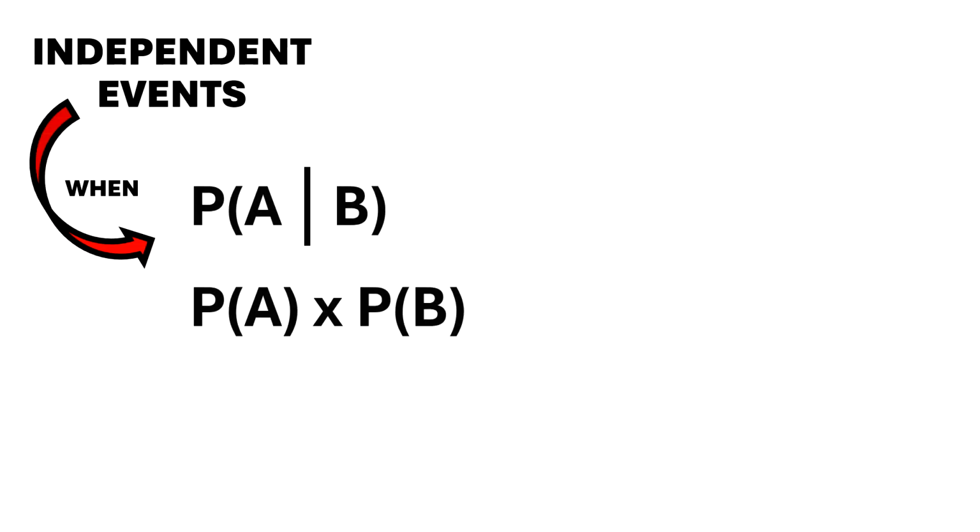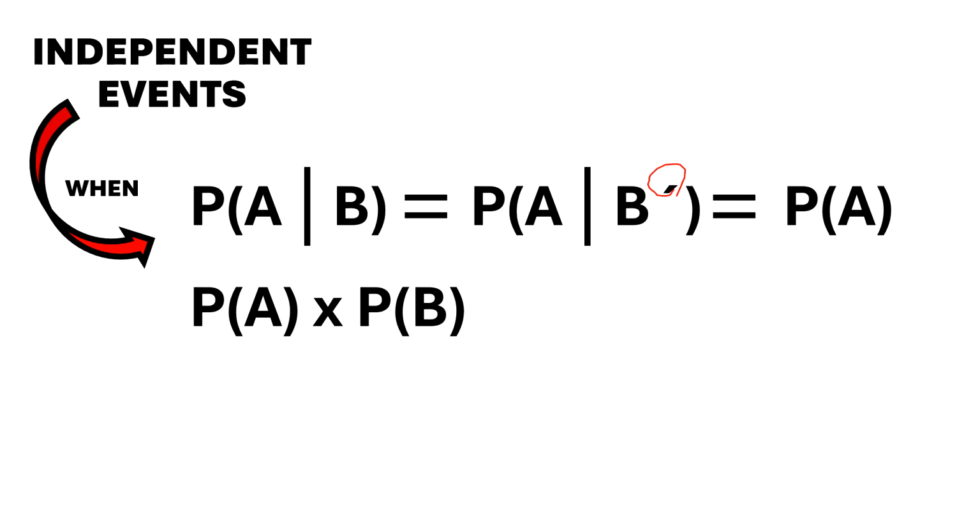An event will be independent when A given B has occurred equals A given B has not occurred, okay? This complement is very important here, given that it equals the probability of A. It's also going to be the case when probability of A times probability of B equals the intersection.